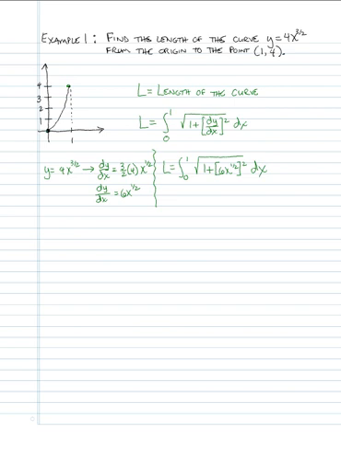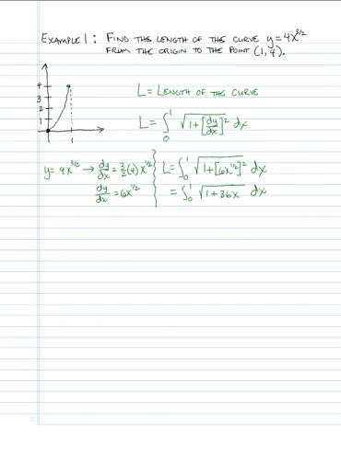With a little simplification underneath the radical, this ends up being the integral from 0 to 1 of the square root of 1 plus 36x. When we square 6, we get 36. And when we square the x to the 1/2 power, we get x. Remember, our x are positive values from 0 to 1, so certainly when we square the square root, we just get x. So this is the integral that we're worried about.